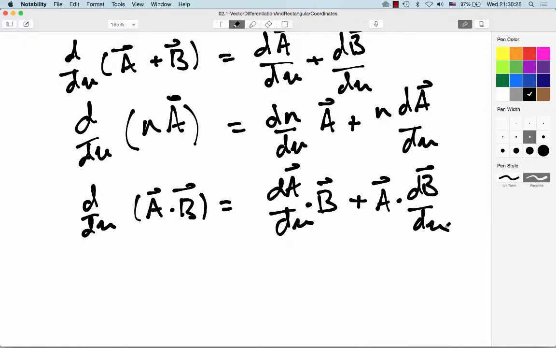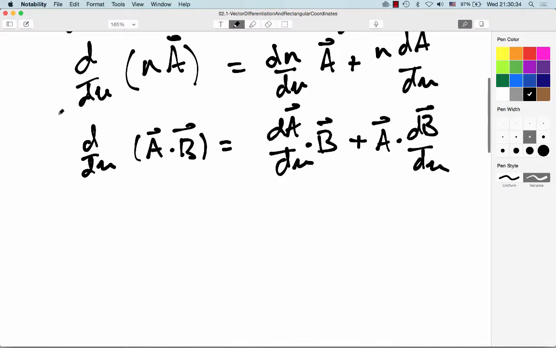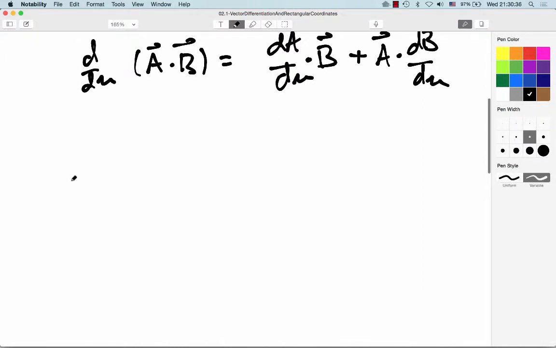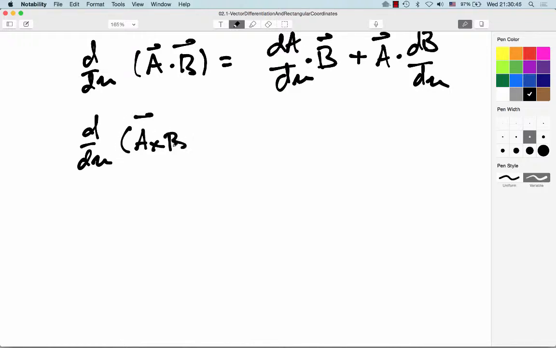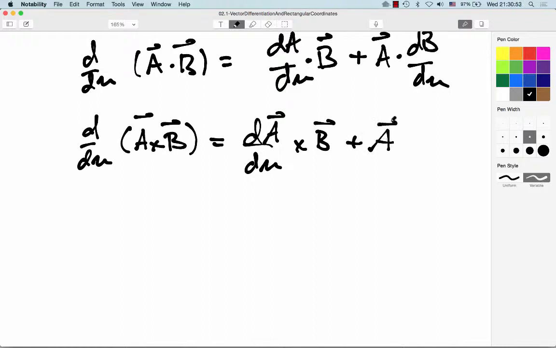The only place where we might need to take just a little more care than normal is with the cross product. And again here, the product rule still works. I want to be clear about that. d du of A cross B is dA du cross B plus A cross dB du.